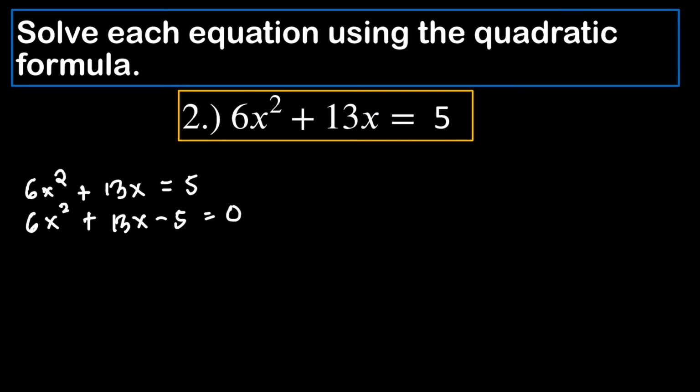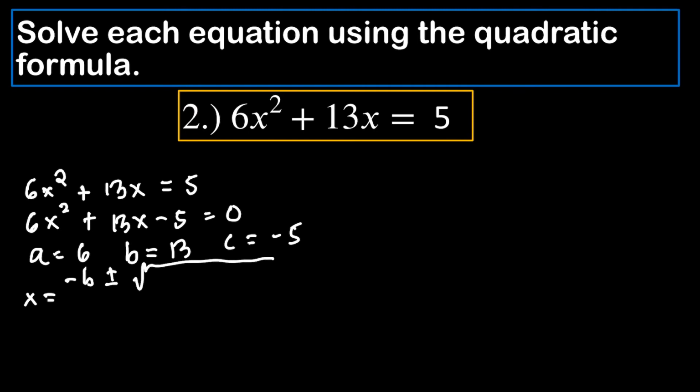What's the value of a? a here is 6, b here is 13, and c here is negative 5. Now substituting these values to the formula, x equals negative b plus and minus the square root of b squared minus 4 times a times c all over 2a.